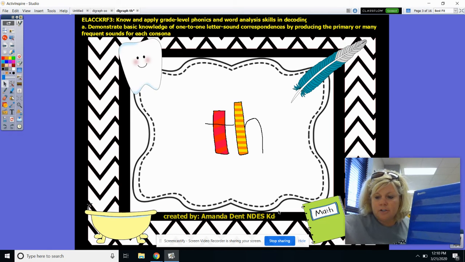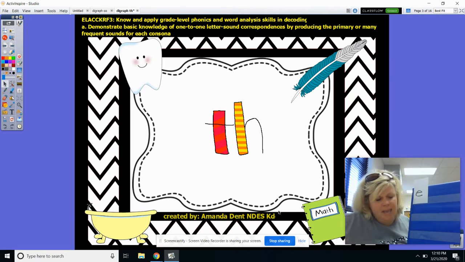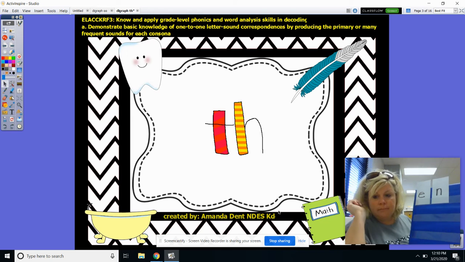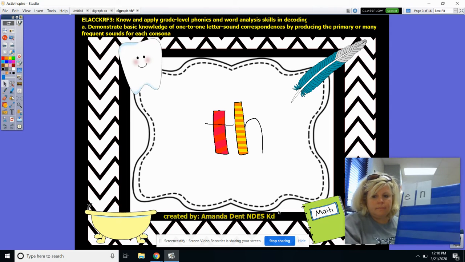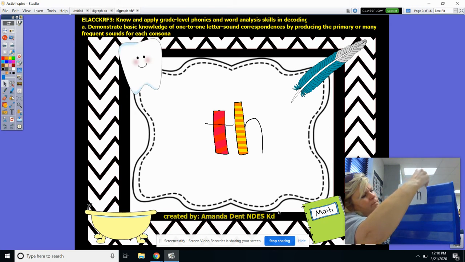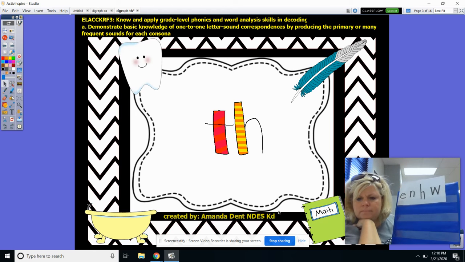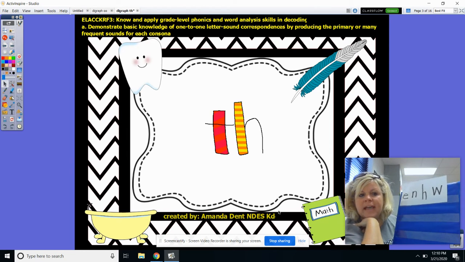Now I'm going to put the letters out of order, and then let's see if you can figure out what the correct order should be in order to spell a word, okay? Just look at this letter. What is this? E, N, H, W. I wonder what sight word that could be. I'll give you a clue.